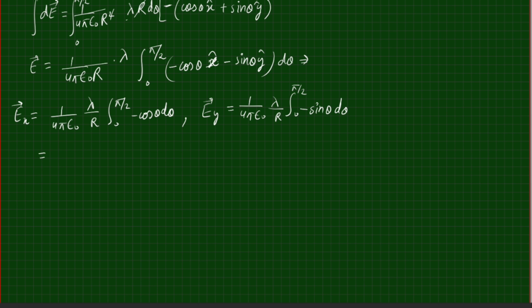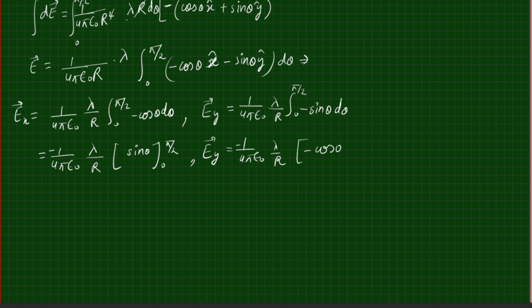This will become 1 over 4 pi epsilon naught lambda over r, with the minus sign coming out, sin theta from 0 to pi by 2, and for Ey, minus cos theta from 0 to pi by 2. This is 1, this is also 1.